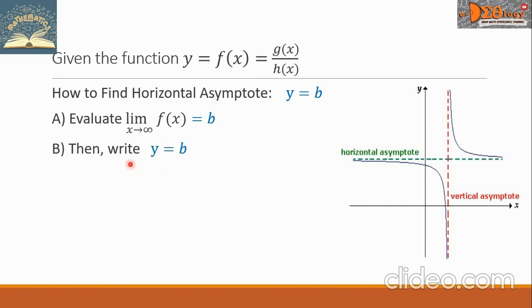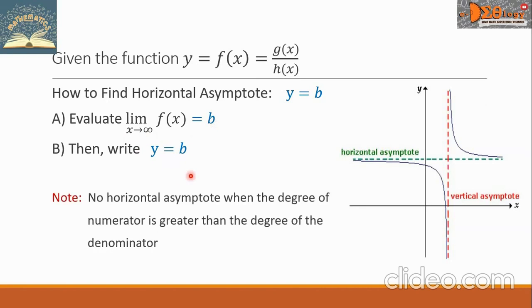And then we write y equals this value b, and this is now the horizontal asymptote. Take note, there is no horizontal asymptote when the degree of the numerator is greater than the degree of the denominator.